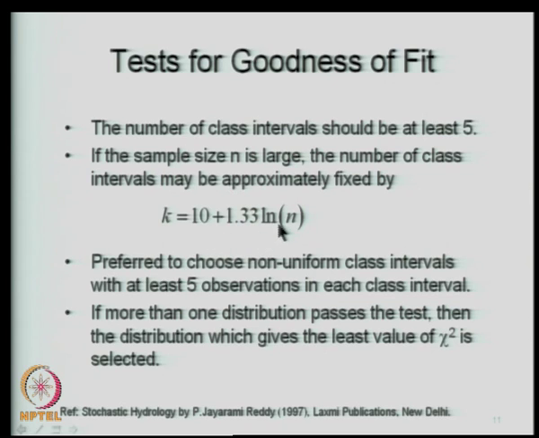One rule of thumb for how many class intervals you want is given by 10 plus 1.33 log n, where n is the number of observations. Now, this is just a rule of thumb. Again you have to examine whether this type of division is satisfactory in terms of obtaining at least 5 observations in each class interval.